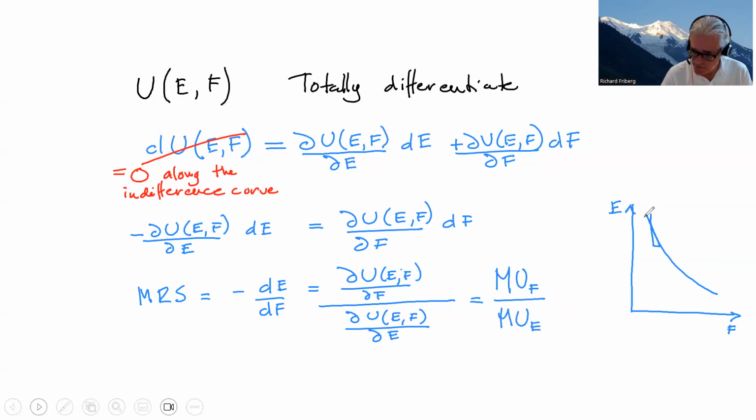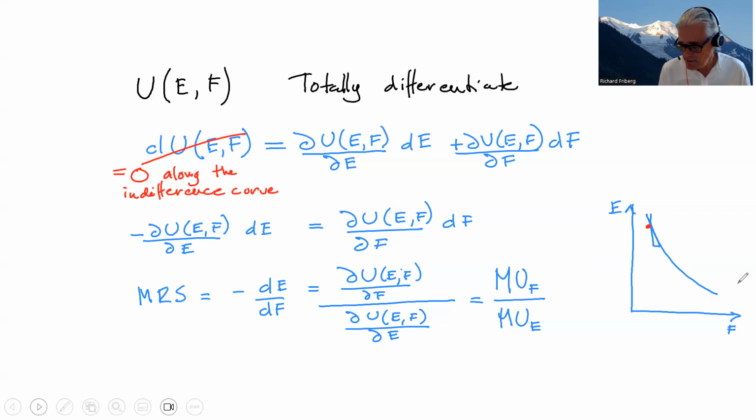So in a case like here, where it's relatively steep, we will have a high marginal utility of food relative to the marginal utility of entertainment. It's like I have relatively little food. I'm hungry. My valuation of getting an extra unit of food relative to an extra unit of entertainment would be high.